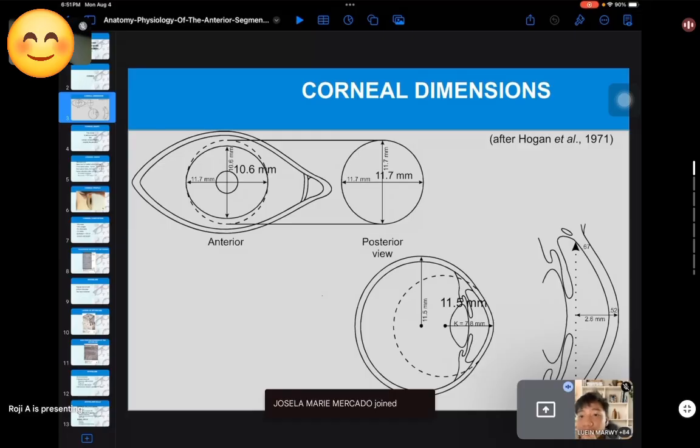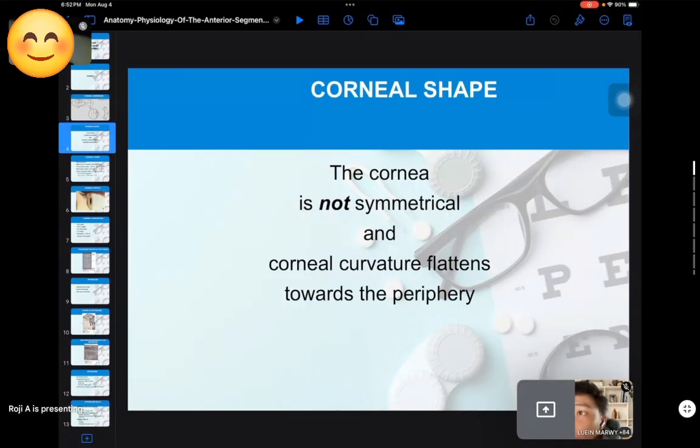If you look, the vertical appears to be smaller. And why is that? Because of the insertion of the superior, so you can see in the inferior part, it appears to be smaller than your horizontal. So the cornea is not symmetrical.